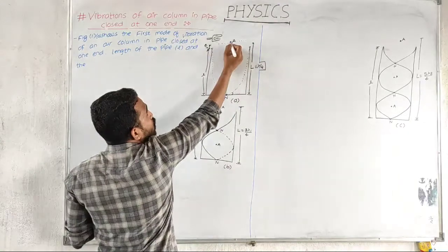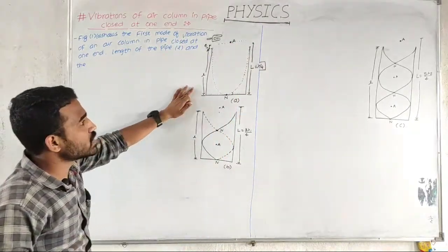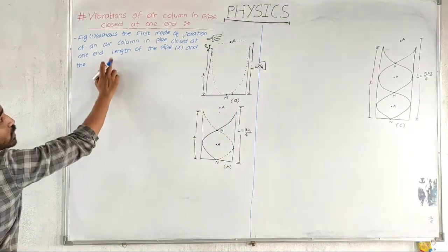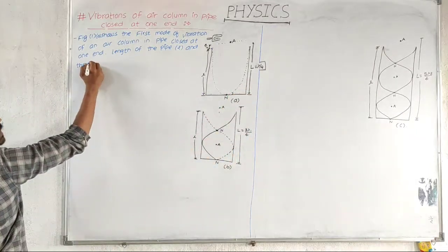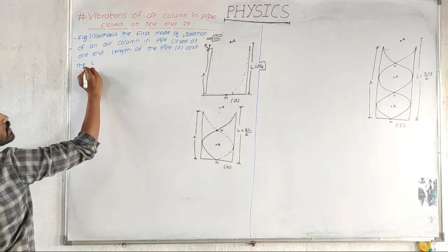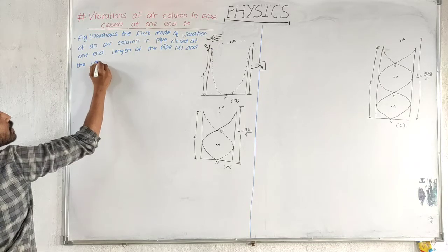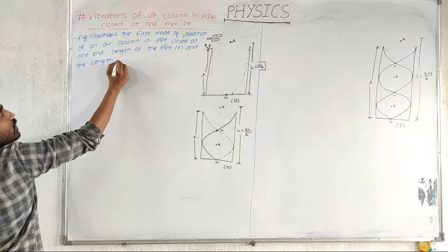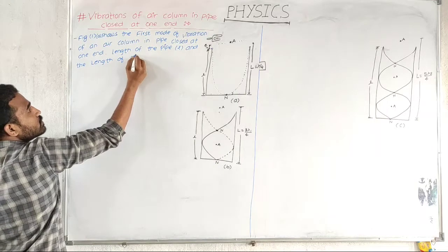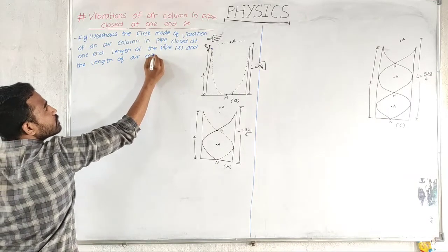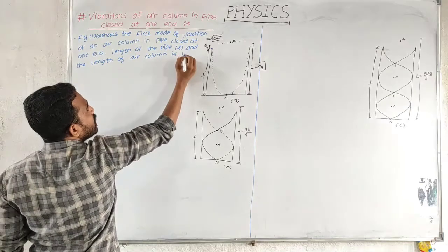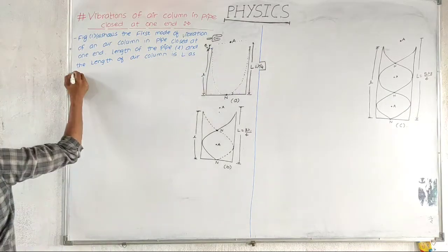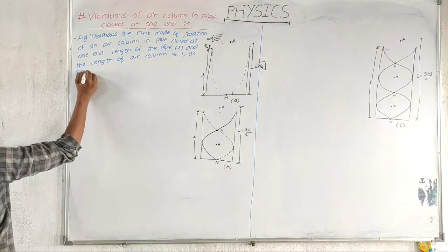So this is the total air column for this tube. Small l is the length of the pipe, and capital L is the length of the air column, as shown in all figures.